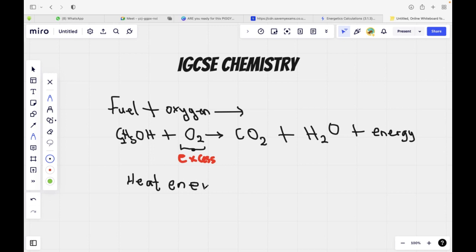If you want to do that, we need to know the mass of the substance, we need to know the specific heat capacity, and we need to know the change in temperature. That's the difference between the initial temperature and the final temperature. Once you know this, then you'll be able to calculate the heat energy change.